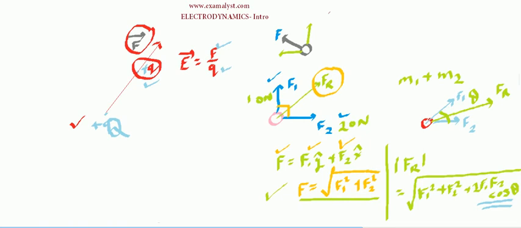So if you divide the total force by q, you will get force per unit charge. Why is that per unit charge? It's very easy to see.